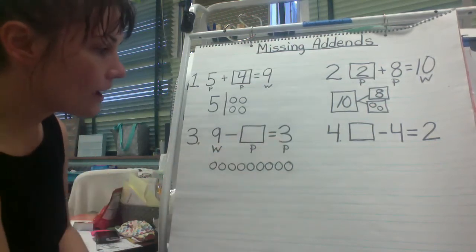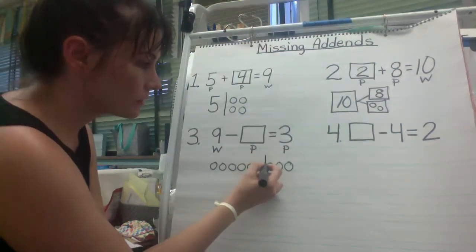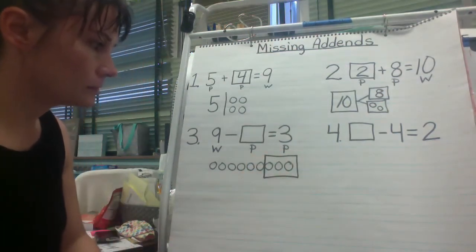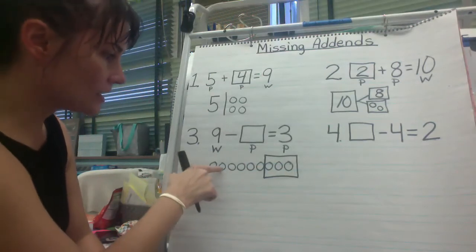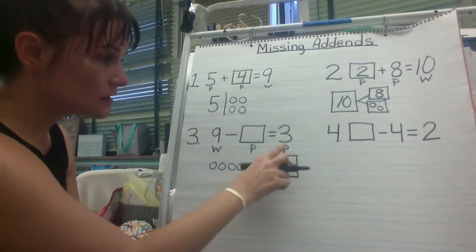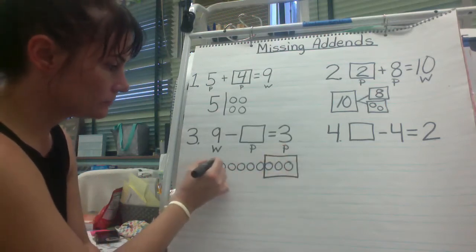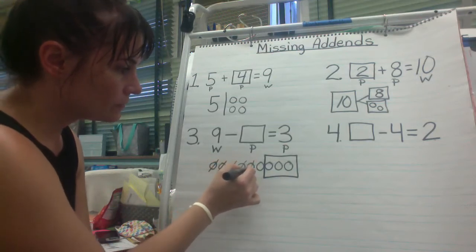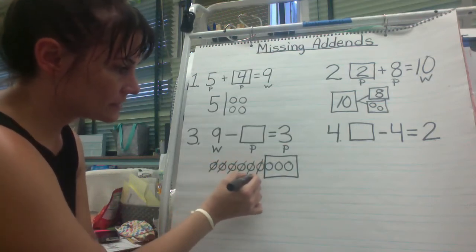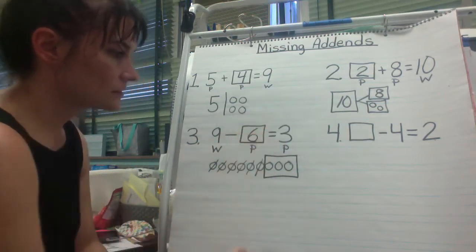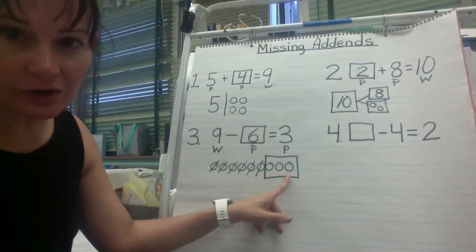So I know that I want to end up with these 3. So how many would I have to subtract to end up with these 3? 1, 2, 3, 4, 5, 6. 9 minus 6 equals 3.